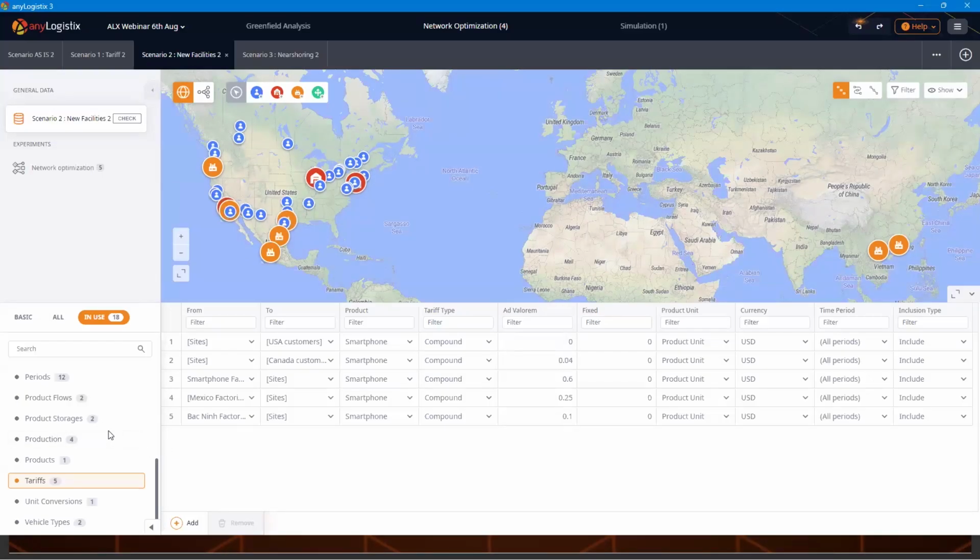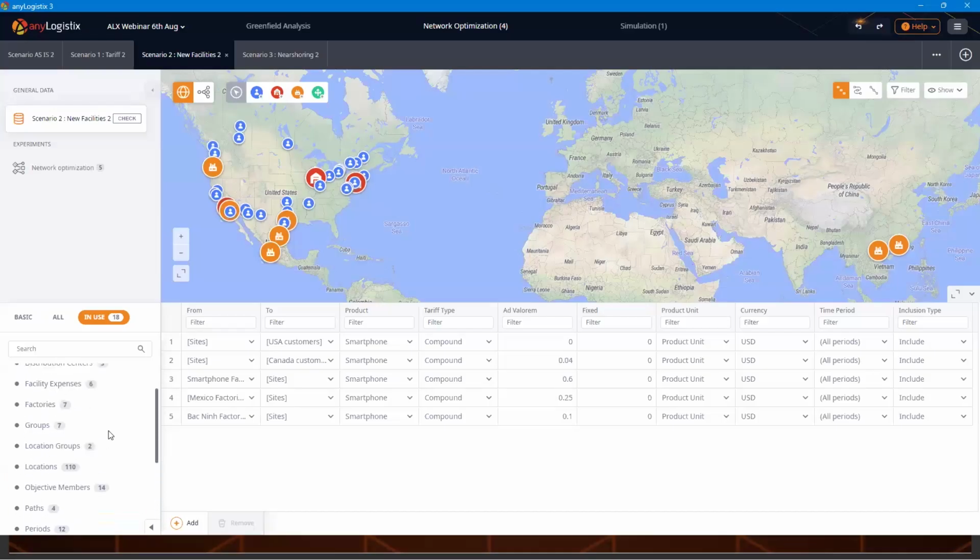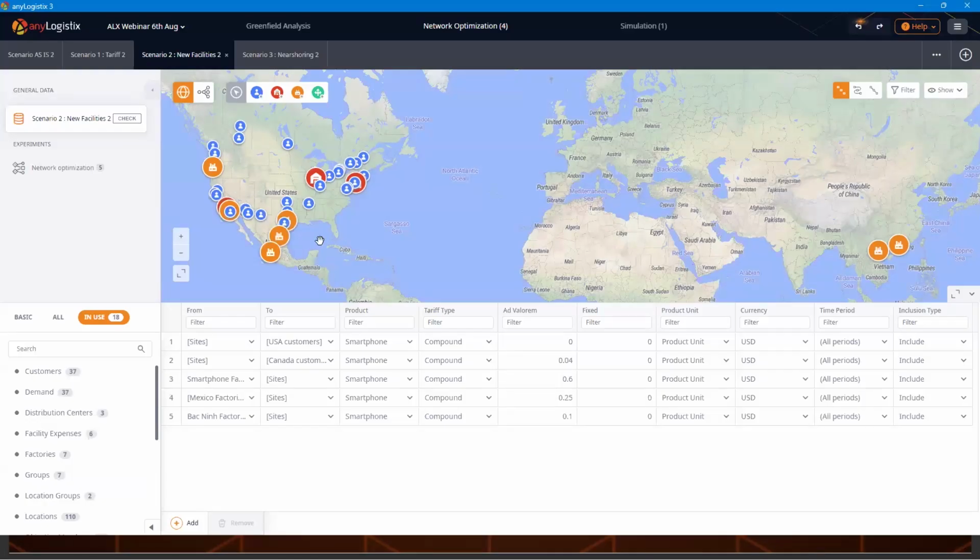Now we want to see which of the different sites, the ones we already had and the ones we introduced, the model chooses, and how it will impact our tariff.